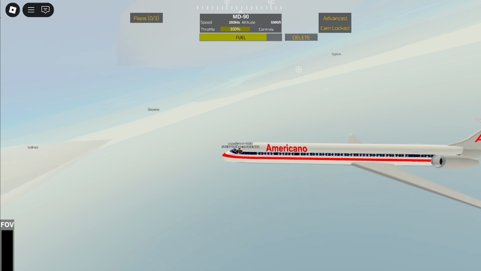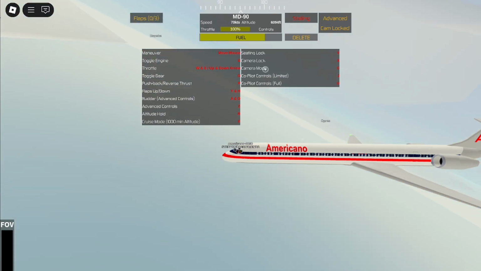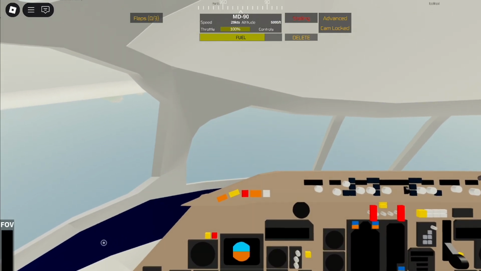We have a specific altitude right here. We can stay at altitude, on cruising mode, or there's a specific button you need to press. Let me check that really quickly. Oh yeah, altitude. You have to press altitude.